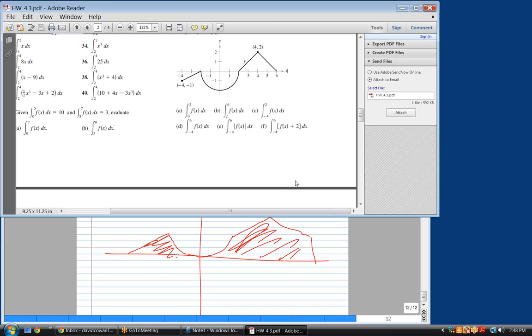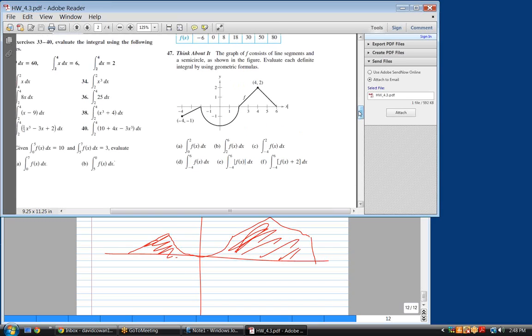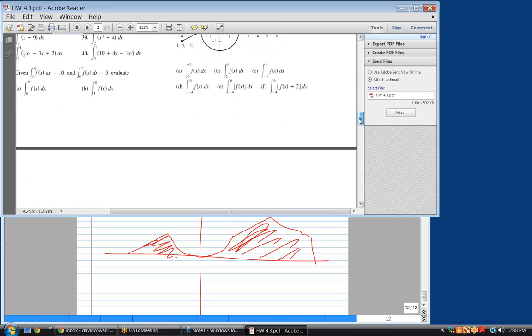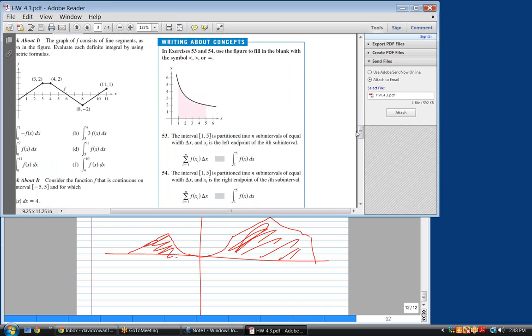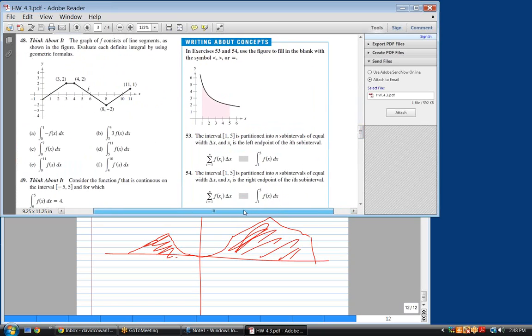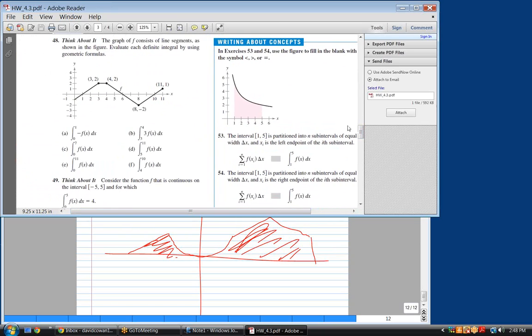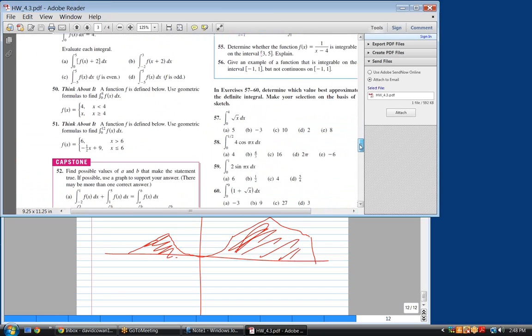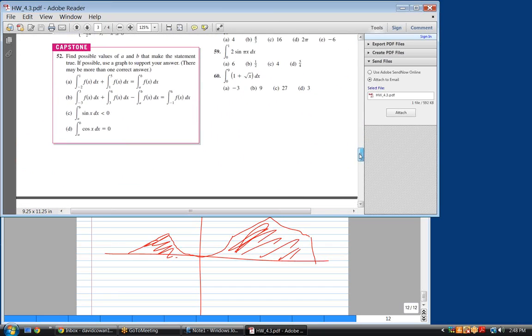All right. The next problem, what was that? That was 47. 52. Find possible values of A and B that make the statement true.